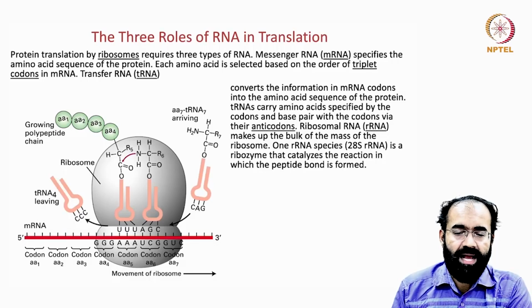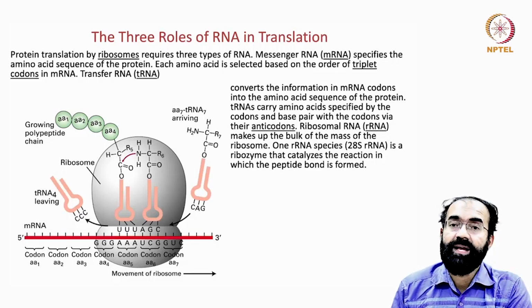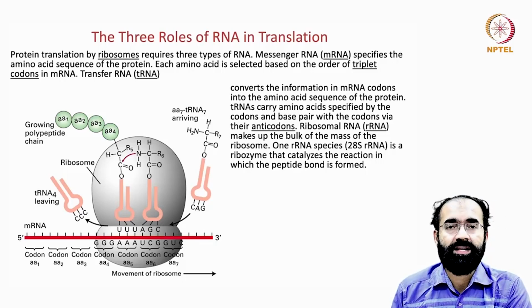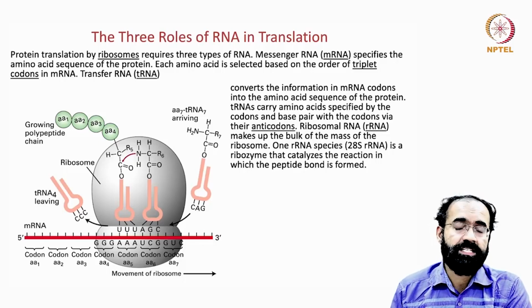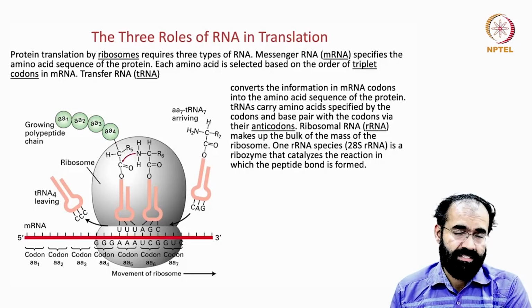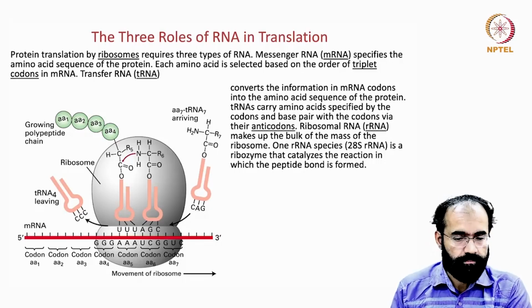Each amino acid is selected based on the order of triplet codons in the mRNA. Each incorporation of an amino acid requires three bases, and we call it a codon, rather a triplet codon.